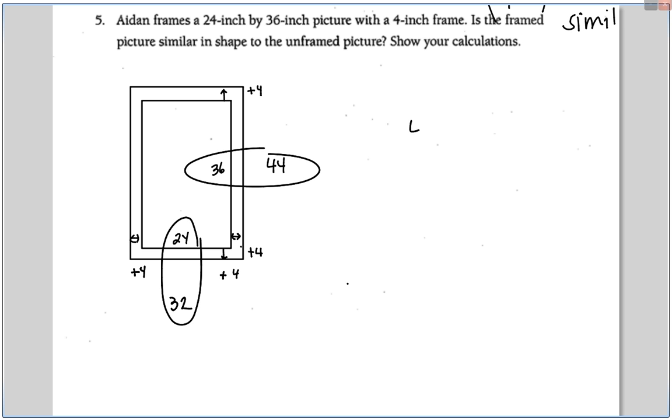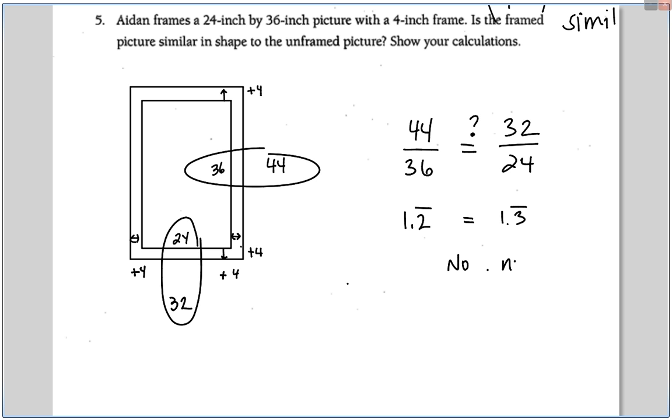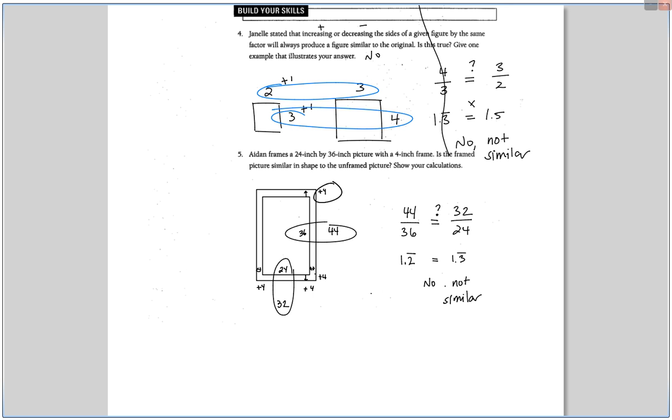So 44 dividing 36, is this the same as 32 dividing 24? Checking my calculator on the decimals, I got 1.2 repeating and 1.3 repeating. So like I thought, no, not similar. Sides have to be in proportion. You cannot just add. You have to multiply.